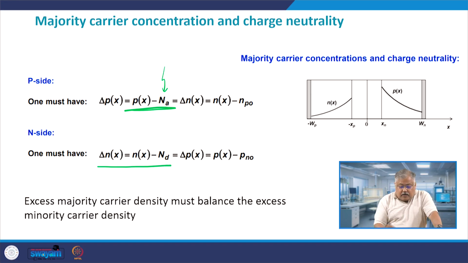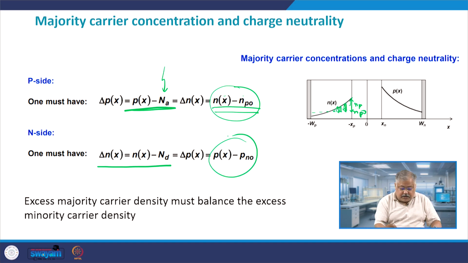On the right-hand side, this will also be known as Nx minus Np0. Nx minus Np0 is the number of excess electrons on the P side, and Nx is the electron concentration. So this is my Nx, and if your Np0 is somewhere here, then the difference between these two is the small decrement which you see here, and that will give you the value.